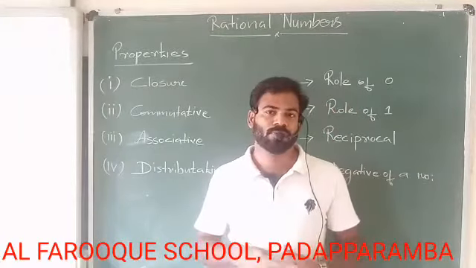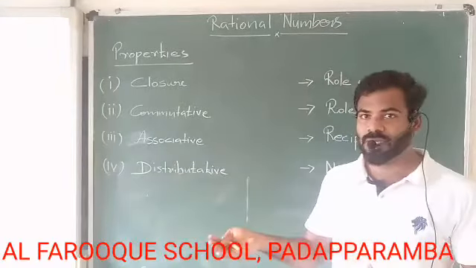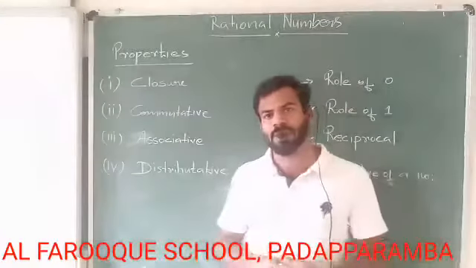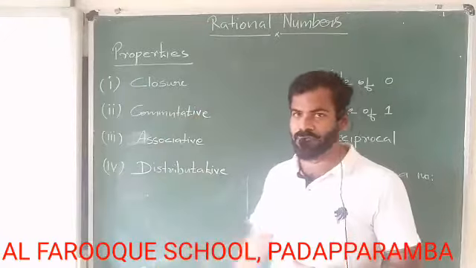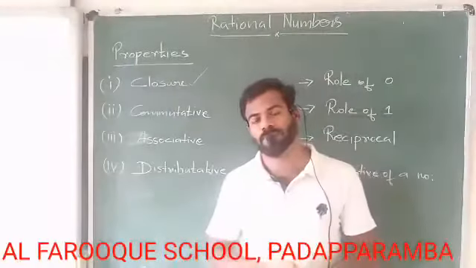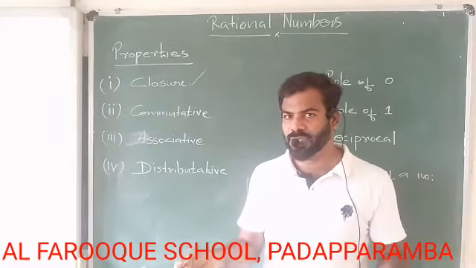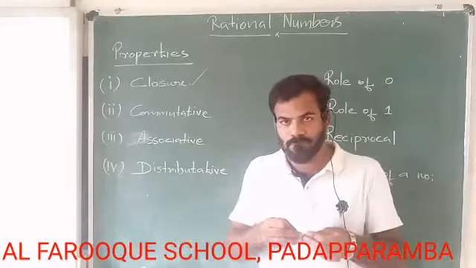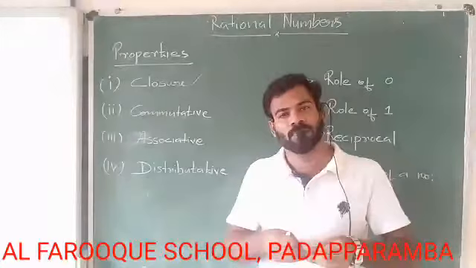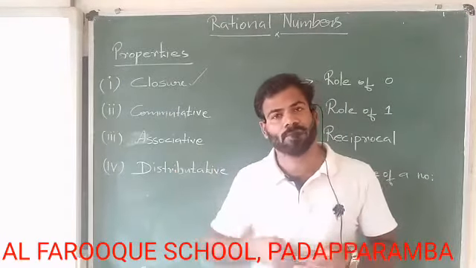Through this chapter, we have to discuss the rational numbers. So we are coming back to the rational numbers. Let's check the properties one by one. First of all, considering closure property. If we take any two rational numbers and add them, the answer should be a rational number.